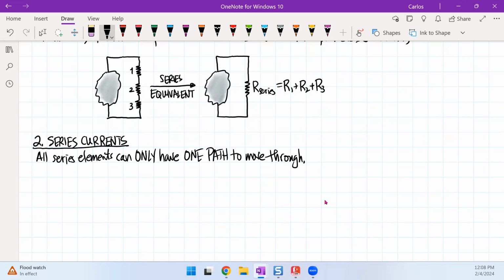As a consequence, or therefore, all series resistors must have the same current.